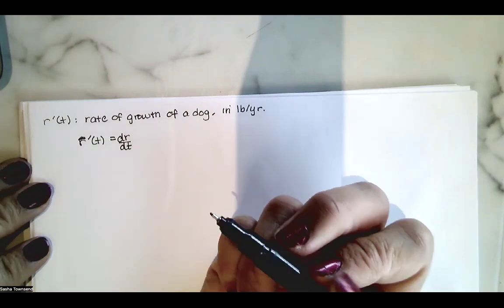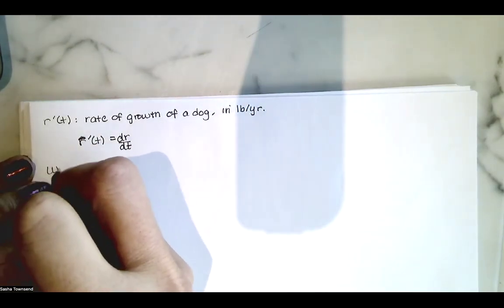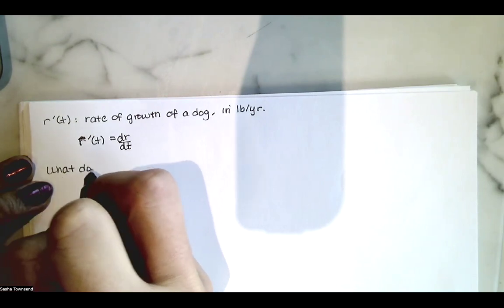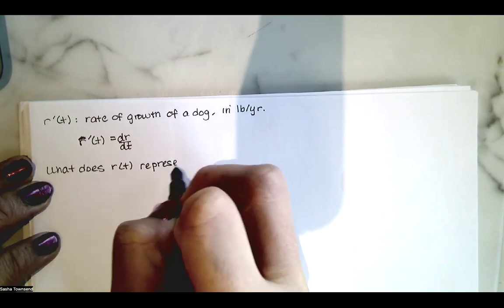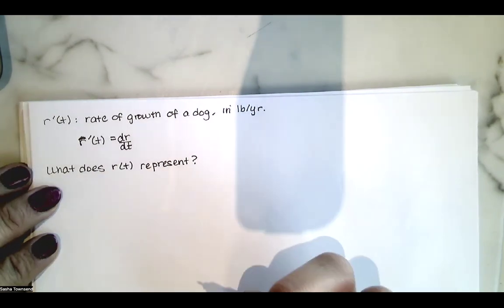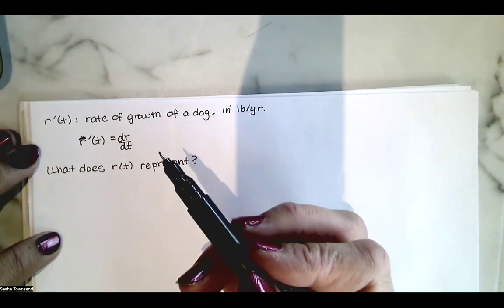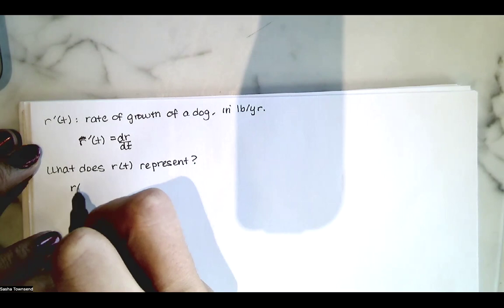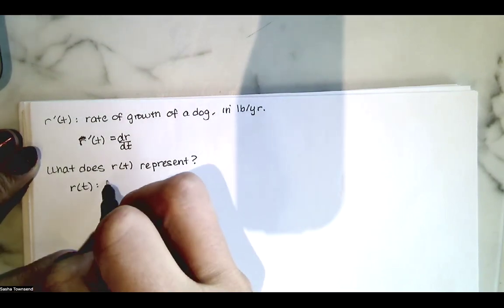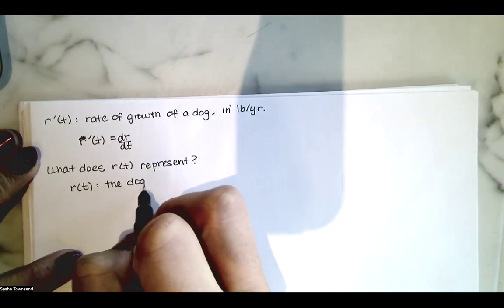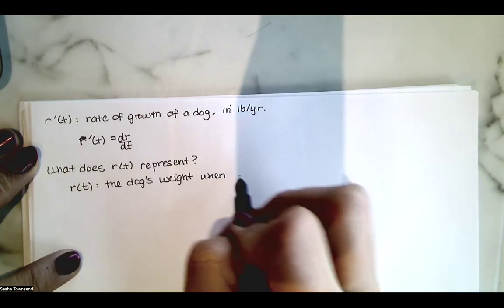we can infer what r of t has to be. So the next question that they ask us is, well, what does r of t represent? And I think it's easy to see that if this is the growth rate in pounds per year, r of t must be the dog's weight when it is t years old.